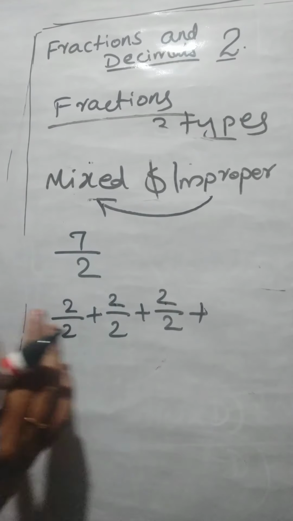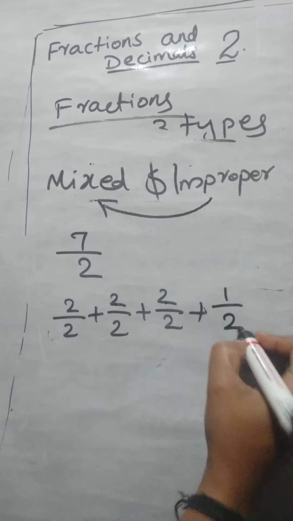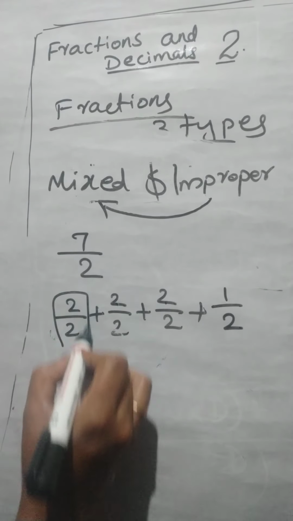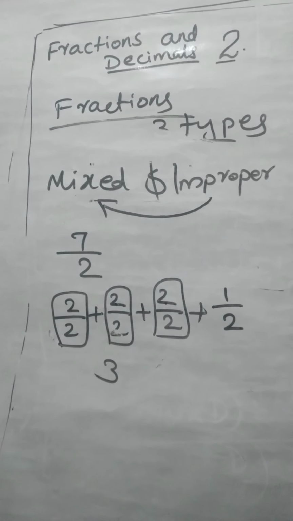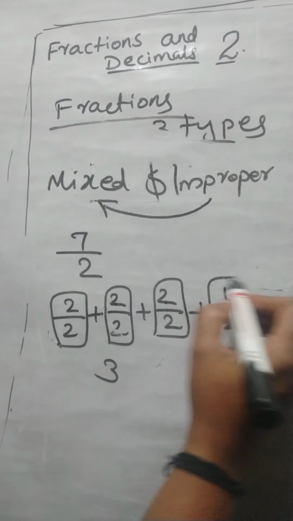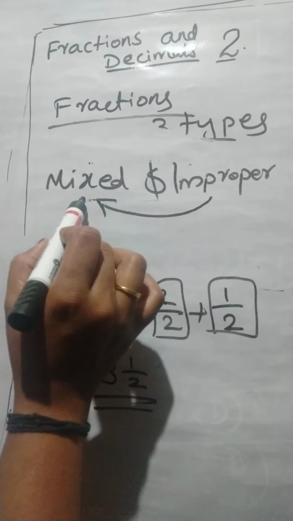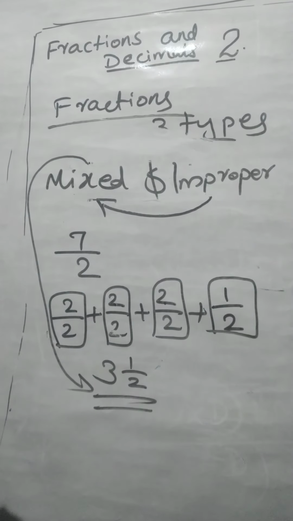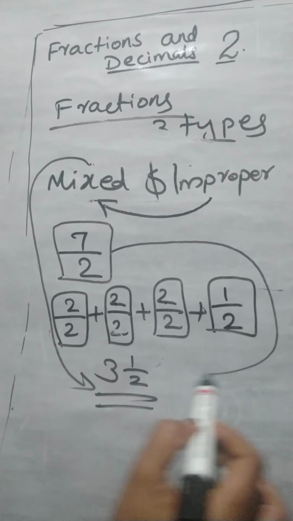So we can't take that again. What is the remaining? Only 1 is remaining. So 1 upon 2. So here 3 times 2 upon 2. Remaining 1 upon 2. So this will be the equivalent mixed fraction of this improper fraction.